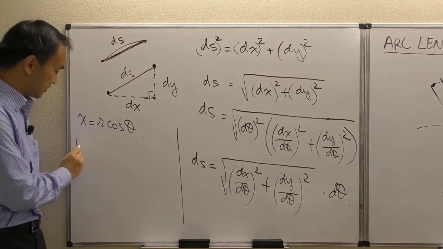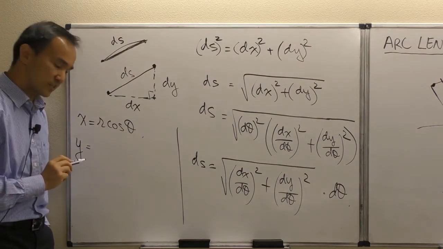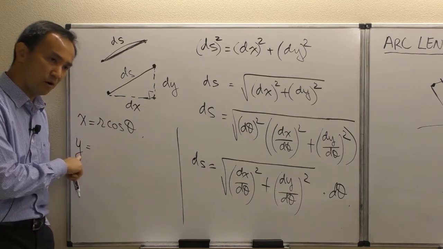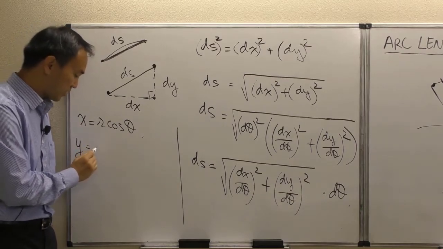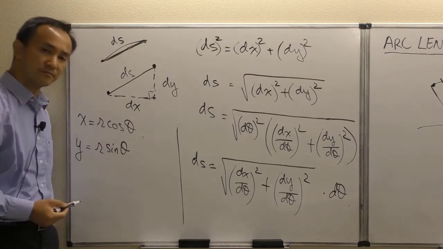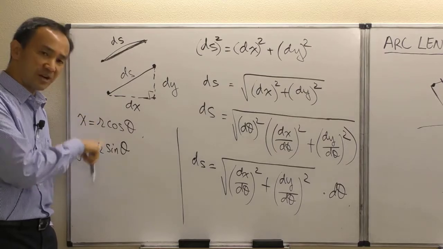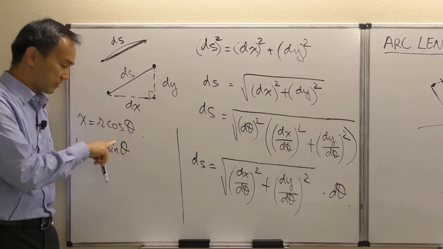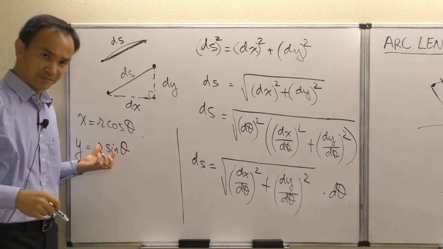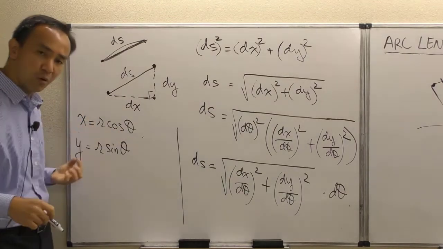And similarly, the y rectangular coordinate of any point on a polar curve can be expressed as r times sine theta. These are the two important relationships that convert a point in polar coordinates to a point in rectangular coordinates.